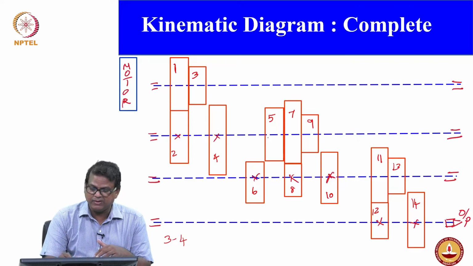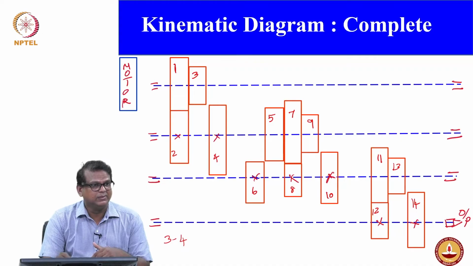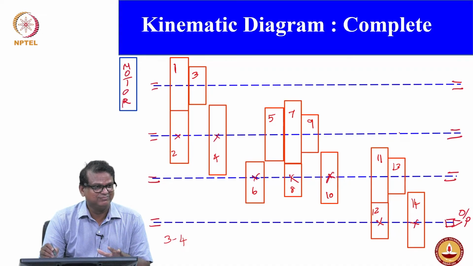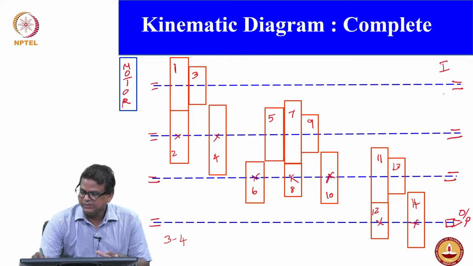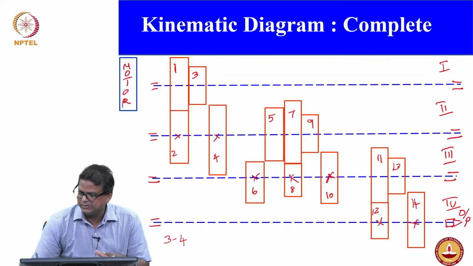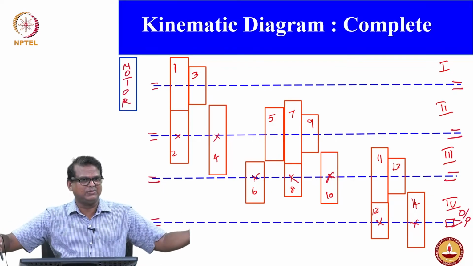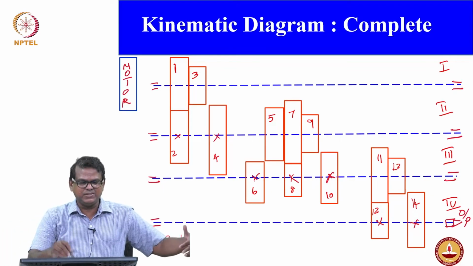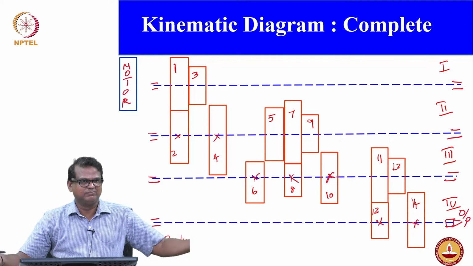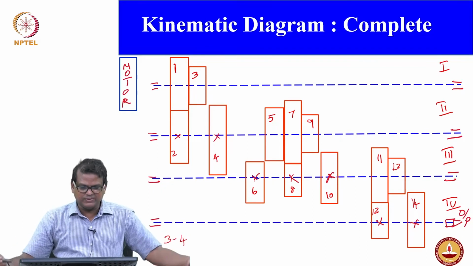The same speed will rotate in all the gears in the shaft 2. Right. This is shaft 1, shaft 2 and shaft 3, right, and shaft 4 is the other things, because all the gears are placed on the same shaft, right. The 5 and 6 should have the same speed.